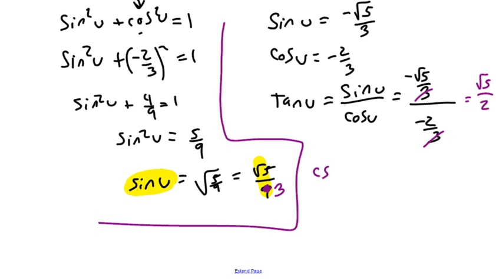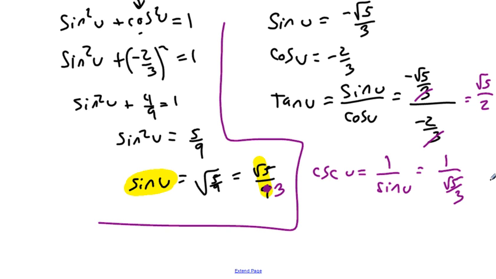All right, let's now go ahead and find the other trig functions. So now we're going to find cosecant of u. Let's remember, cosecant of u is the same as 1 over sine of u, which is 1 over radical 5/3.